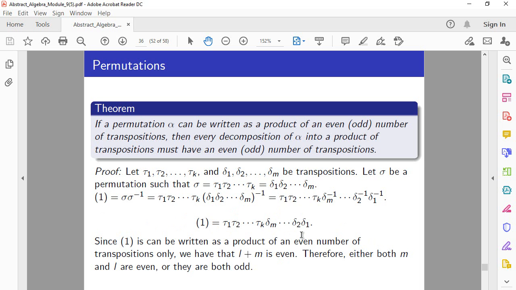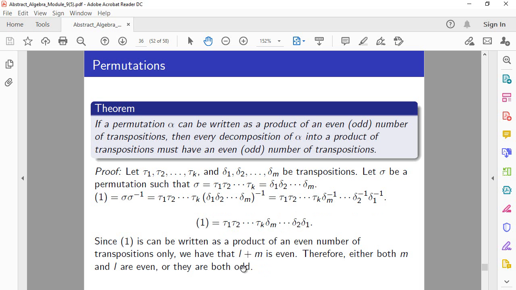So notice that in the previous lemma we said that if we express the identity permutation as a product of transpositions, then the number of transpositions would be even. So here the number of transpositions is k plus m, so k plus m must be even.